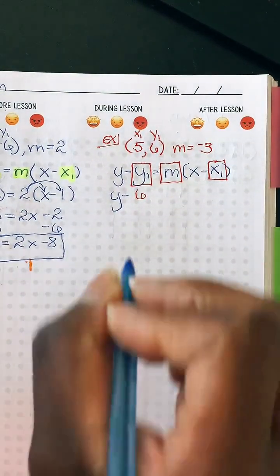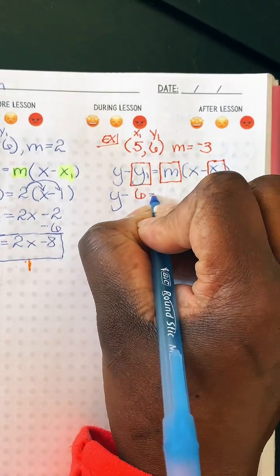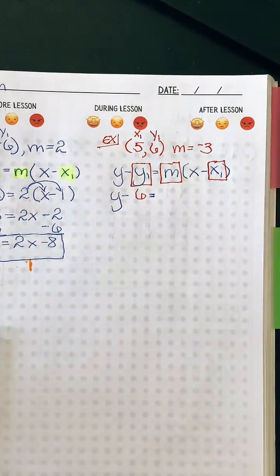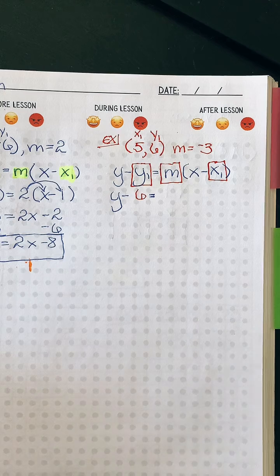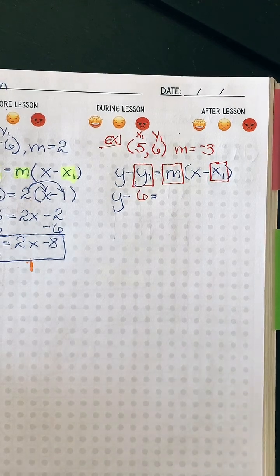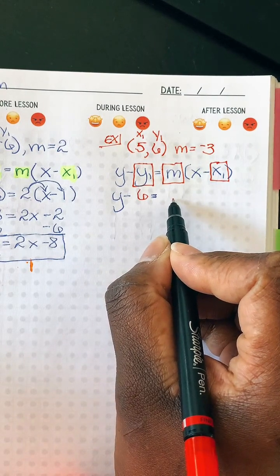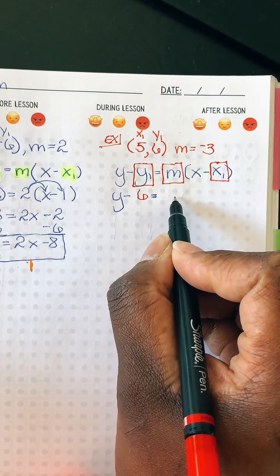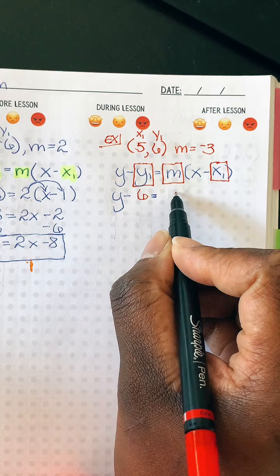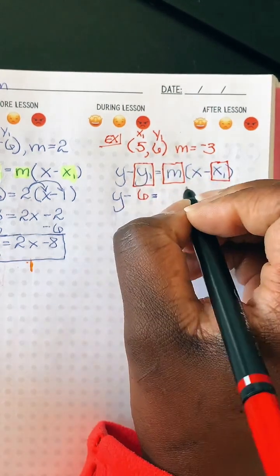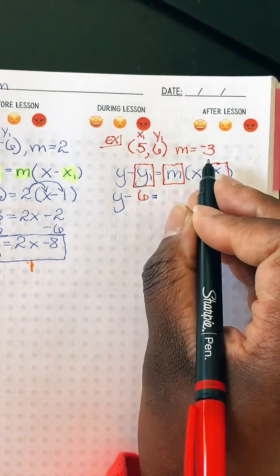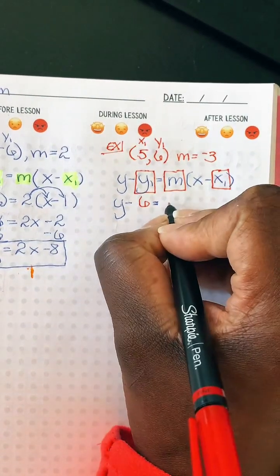Okay, bringing down my equals. What's my slope? What should go here? Good, good. Sue, don't forget the negative. Okay, so it's going to be a -3.